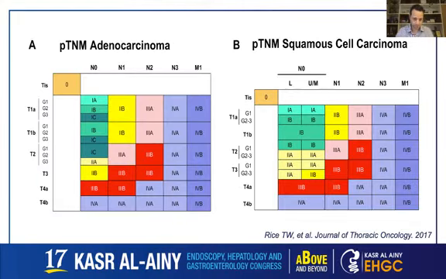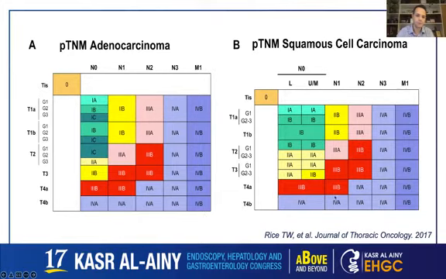And then we have the TNM staging. So it's a little bit different for adenocarcinoma and squamous cell carcinoma, and it is a little bit complex, especially in the early stage, T1a, T1b, stage 1A, 1B, but normally N3 or M1 goes to stage 4.